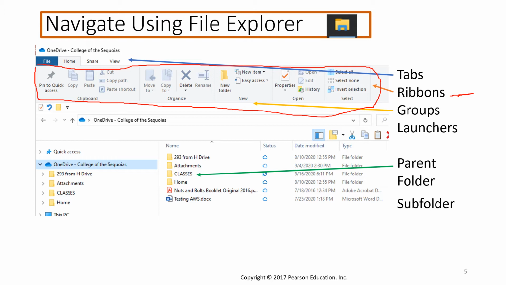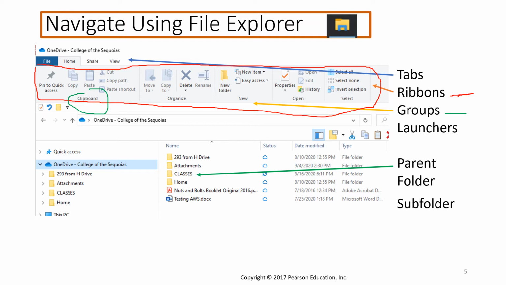And if I were in the Lunch tab, there would be categories of soup, categories of sandwiches. So each tab will open up a ribbon of choices that are then broken down into groups. So the groups would be, here I have the clipboard group.